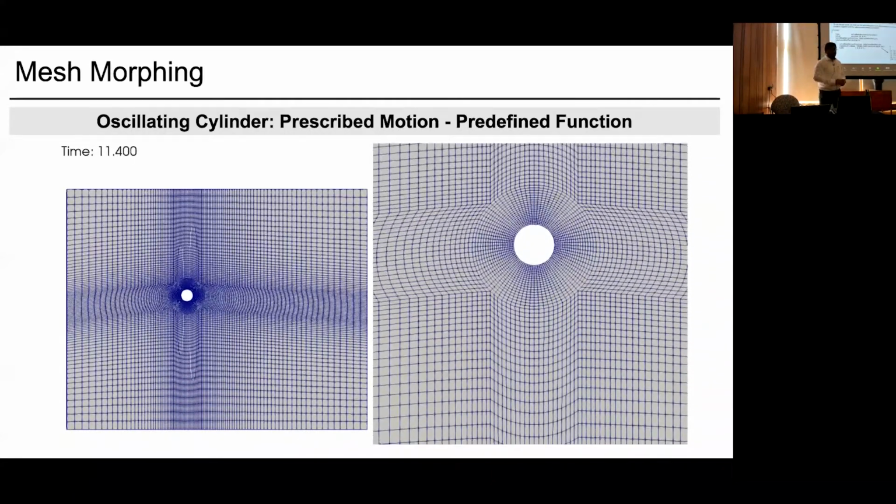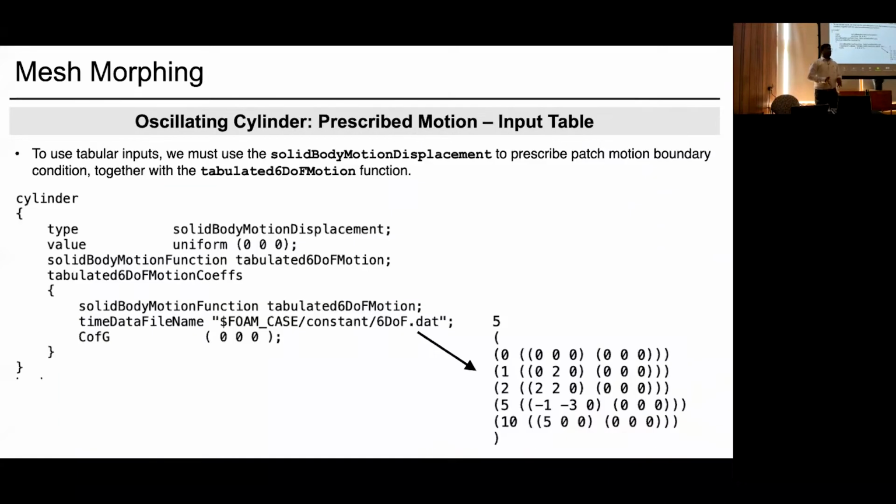Okay, so the next type of prescribed motion that I was telling you about, which is very useful, can be through an input table. So instead of a predefined function, you can first generate a table for 6 degrees of freedom motion. That means in this table the first column is the time. You choose from this time to that time. Then the 3 components are the displacement components, and the last components are the angular displacement components.